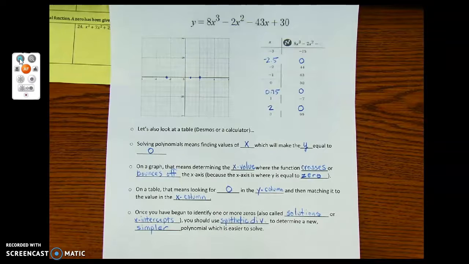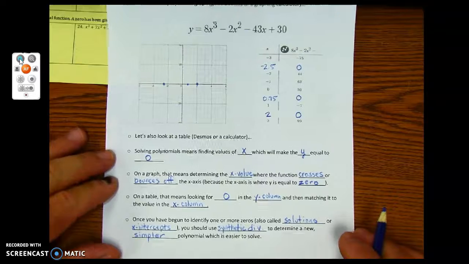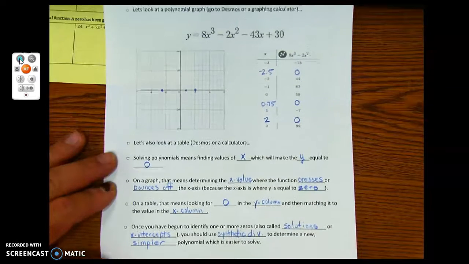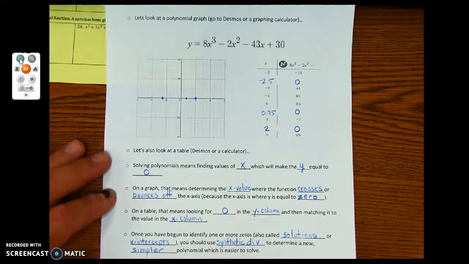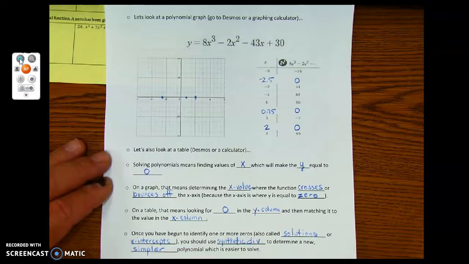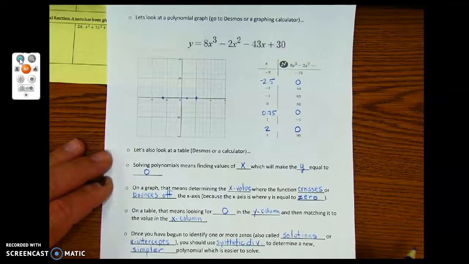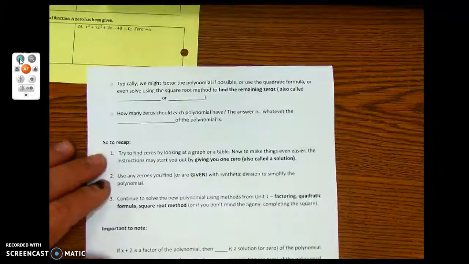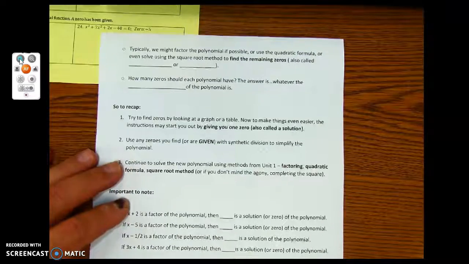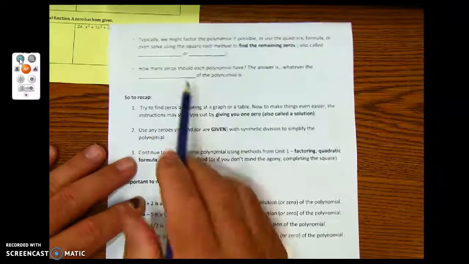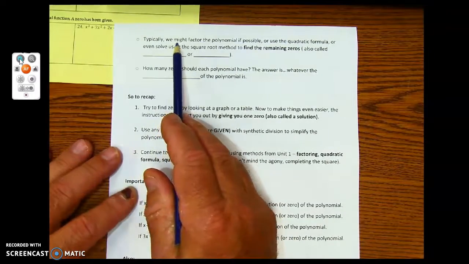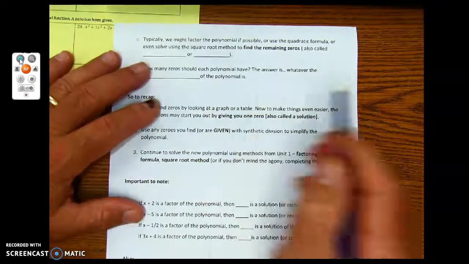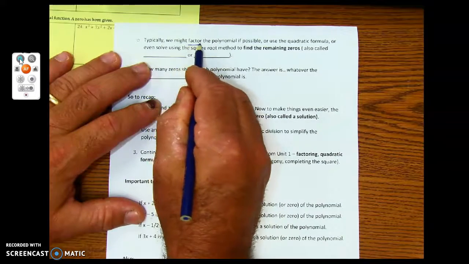I'm going to do some examples of these problems in a little while when we get done with the notes. Press pause anytime you need to slow down and just listen, or rewind and go back and listen. Typically, once we do synthetic division to get a simpler polynomial, we go back to what we learned in Unit 1.